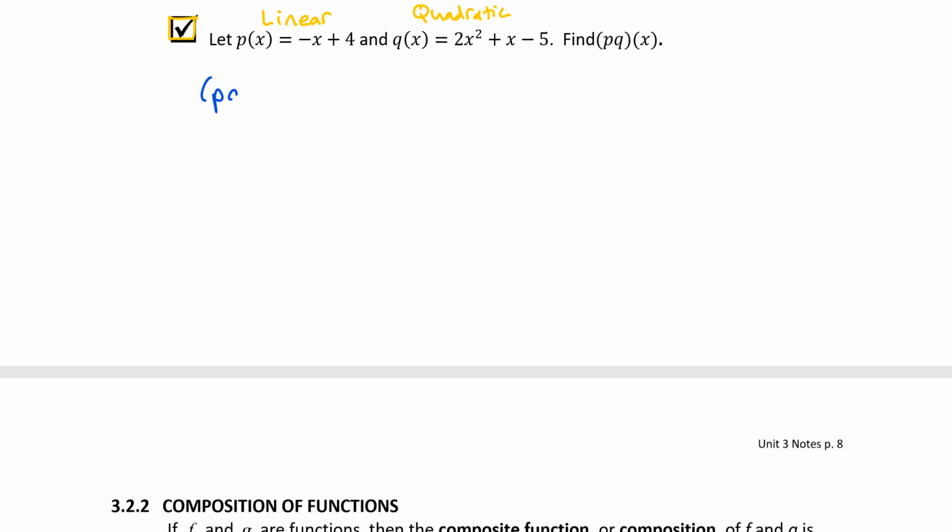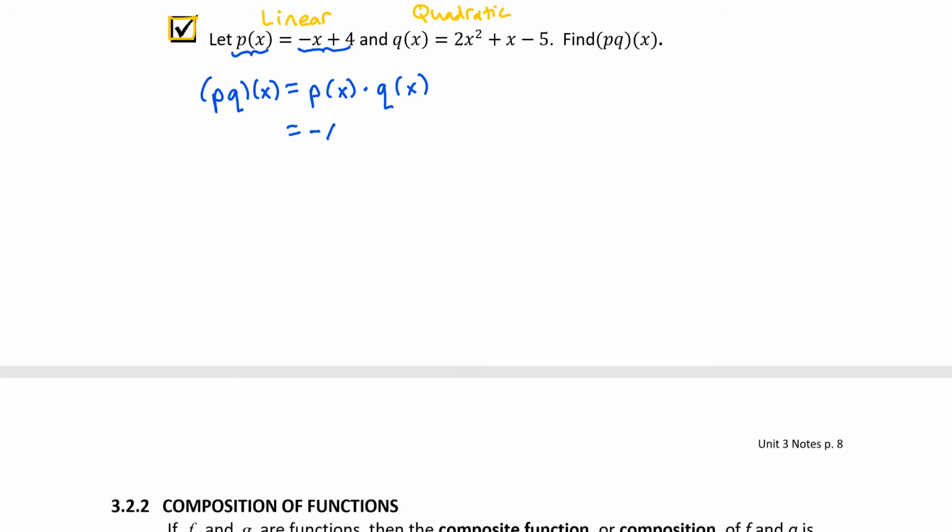So to evaluate p times q of x, remember p and q are the function names. X is the argument or the variable of the function. We're going to evaluate p of x times q of x. And remember, when you find the product of functions, you often have to use parentheses. So first, I'm going to find the function p of x, and I'm going to completely replace the function name with the function rule.